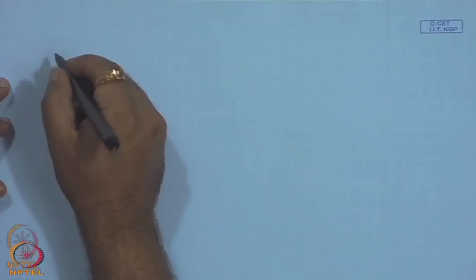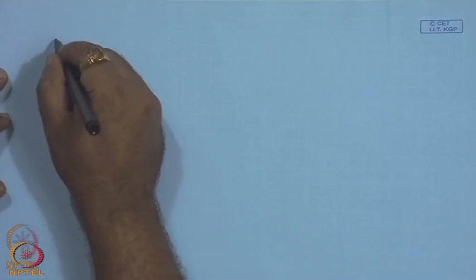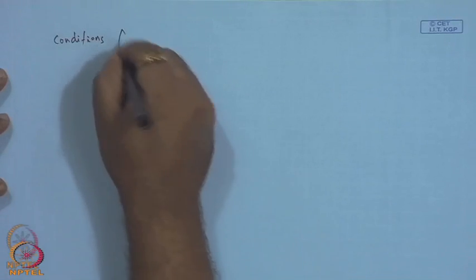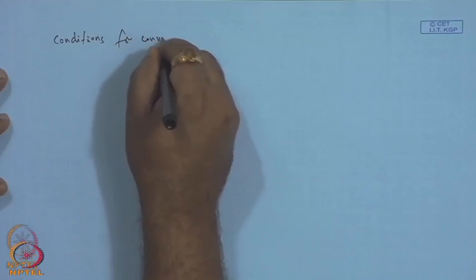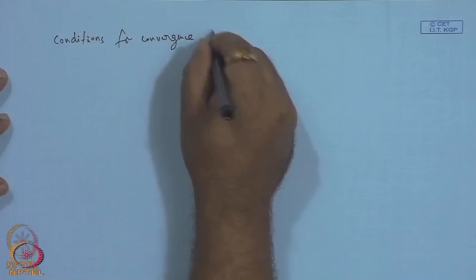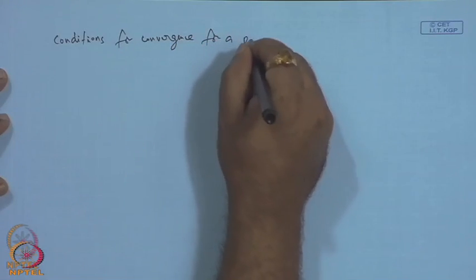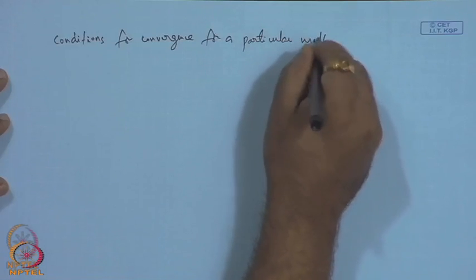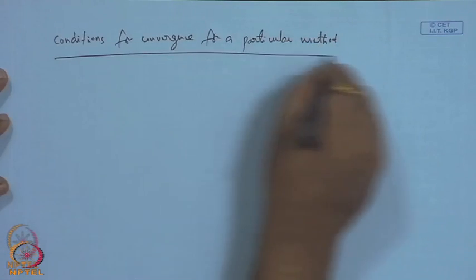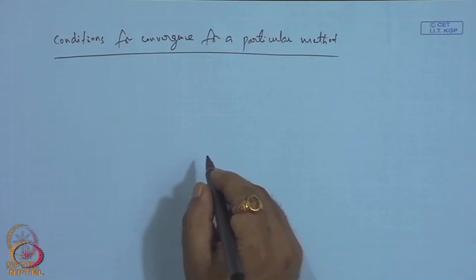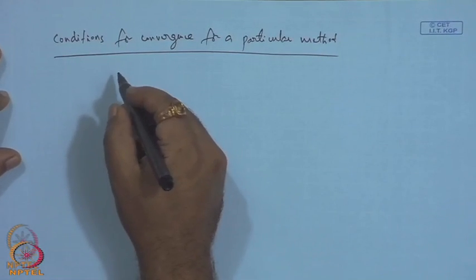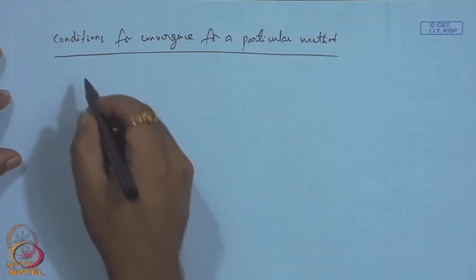Okay. So, let us consider conditions for convergence for a particular method. Okay. So, this is to know how to obtain convergence for a particular method. Okay.